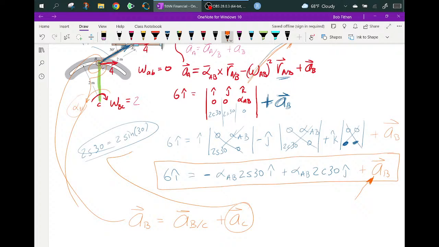However, this acceleration of this C point right there is in fact 0.